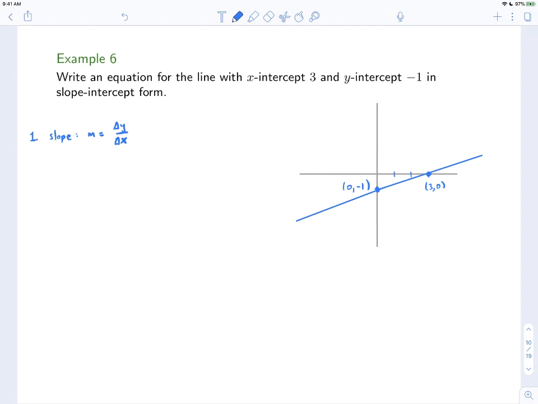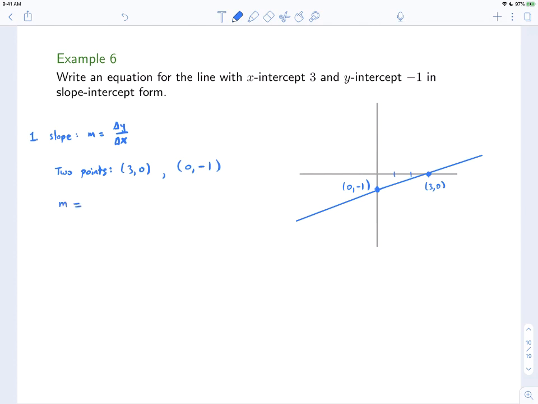Our first point is the x-intercept, which is 3, 0. And our second point is the y-intercept, which is 0, -1. So we have 2 points, and those 2 points are 3, 0 and 0, -1. 2 points determine a line because they give you the slope.